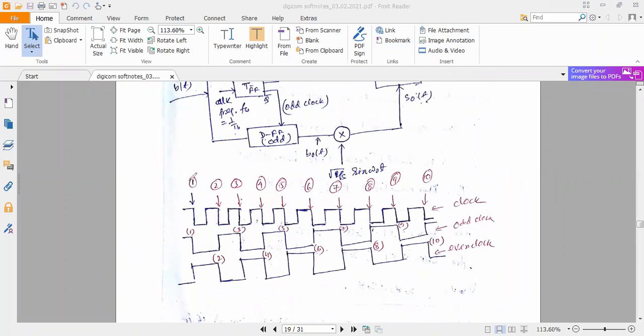Now see, this is the odd clock. That means it's the Q bar.